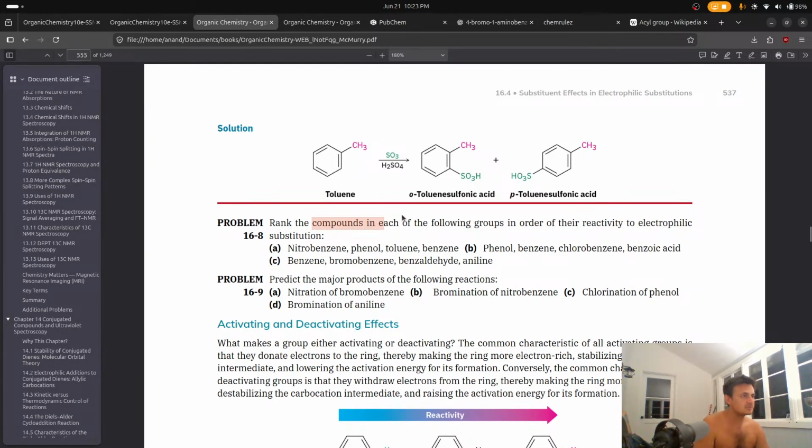Rank the compounds in each of the following groups in order of their reactivity to electrophilic substitution. Okay, cool, I think I got it. So A, we have nitrobenzene, phenol, toluene, and benzene.